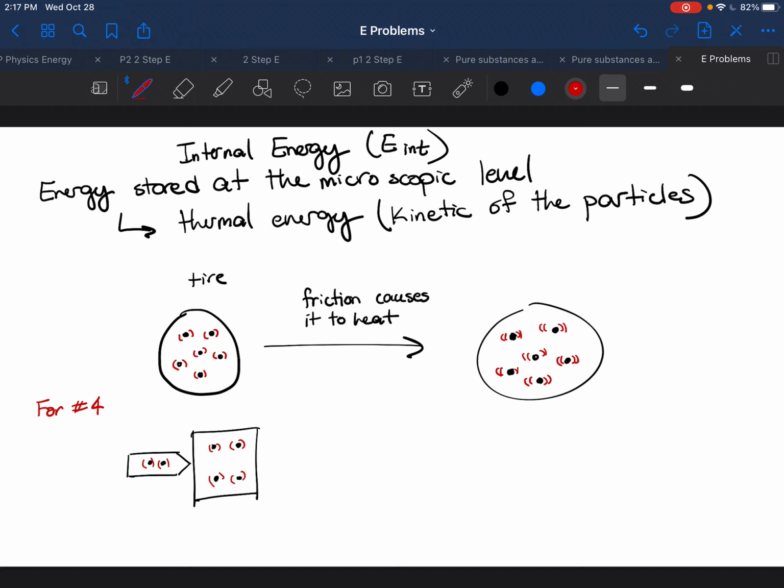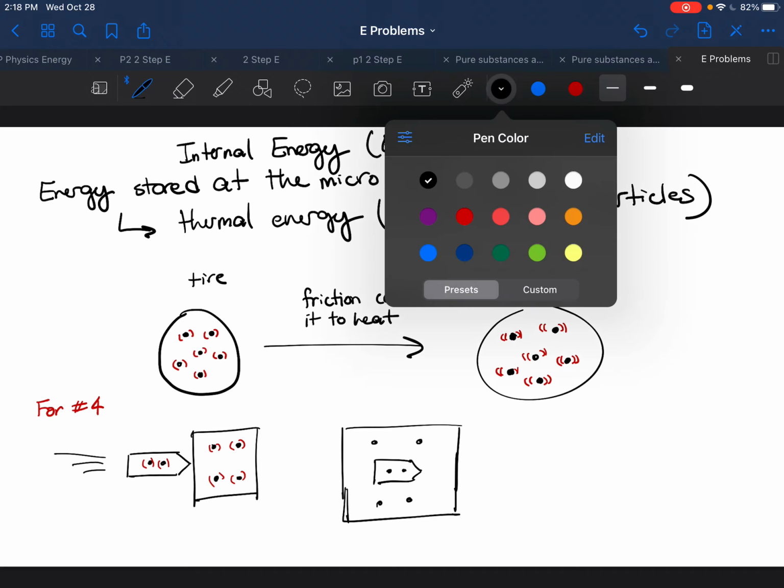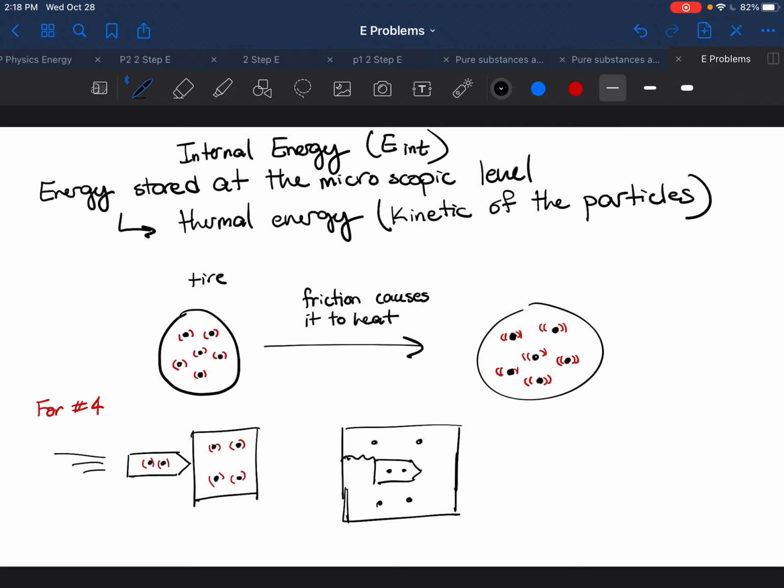The bullet has kinetic energy, the block doesn't. Then later, as it's brought to a stop, the bullet ends up inside the block.